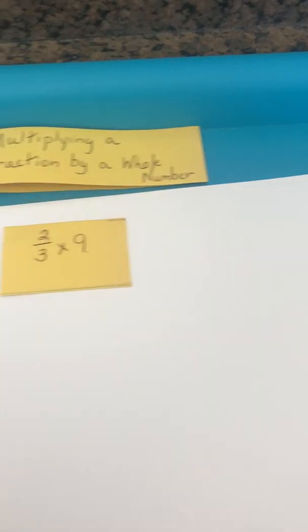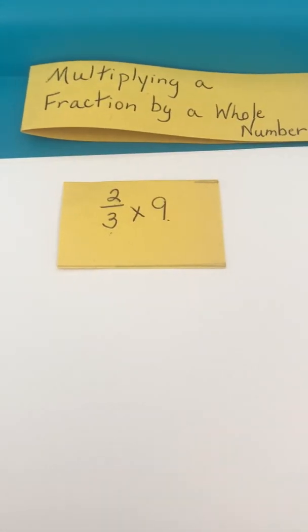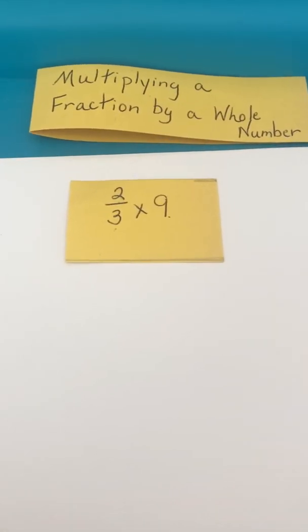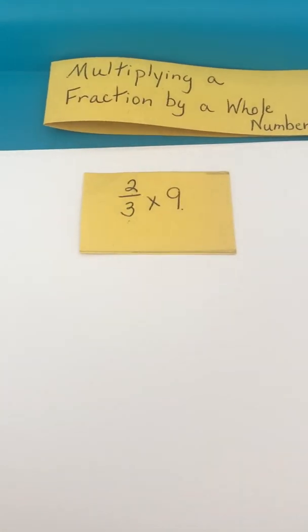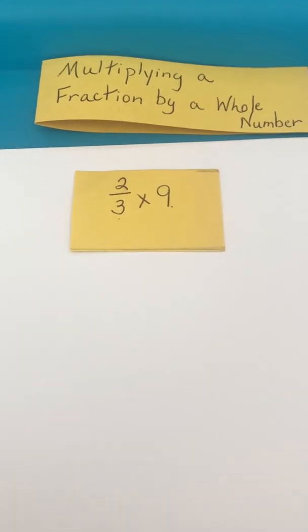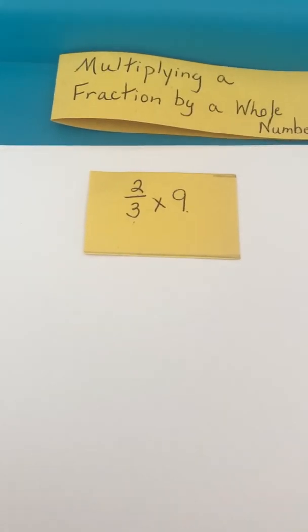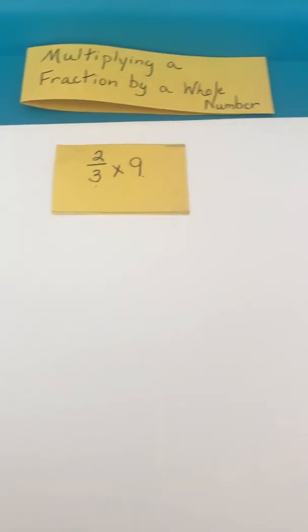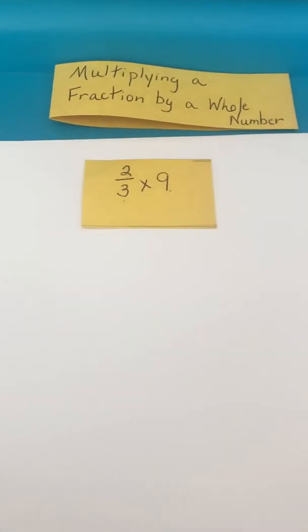All right, let's look at another example. This one is 2/3 times 9. You could use an example in real life of what if I had, let's say, 9 assignments to do. Maybe you're in college.